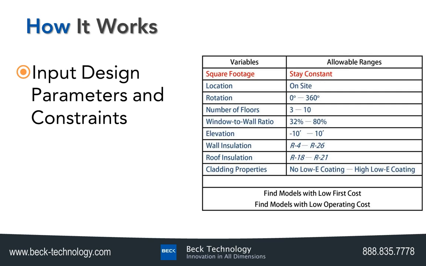You might want to look at things like number of floors. So in this case, maybe you want to look at anywhere between 3 and 10 floors. You might want to also look at window-to-wall ratio. All these different pieces, different insulation values, low-E coatings, etc. So you can look at how moving your building around the site not only affects things like your civil work, but also the energy performance of the building.